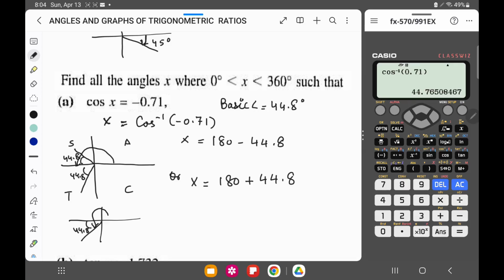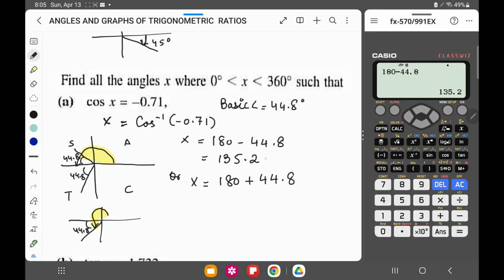I have explained how to find the angles. If you need to find the angle in the second quadrant, it is 180 minus, and if it is in the third quadrant, it is 180 plus. In the diagram also you can easily see this. 180 minus 44.8 is equal to 135.2, which we found already with cos inverse.